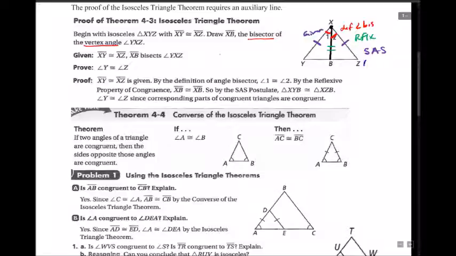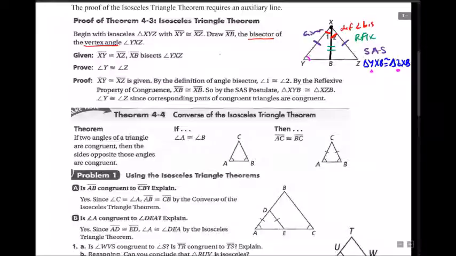So if I write my congruence statement, I can say that triangle YXB is congruent to triangle, and what's the other angle over here? ZXB. And look at angle Y and angle Z. They are in the same position.